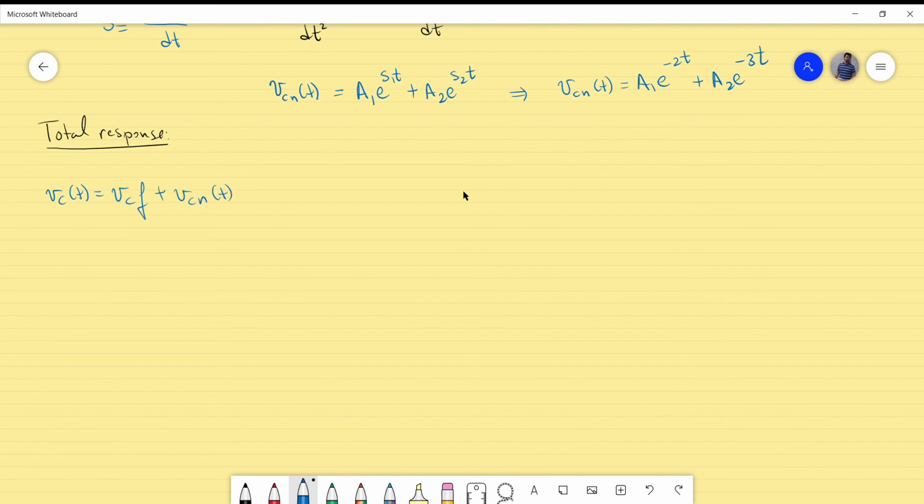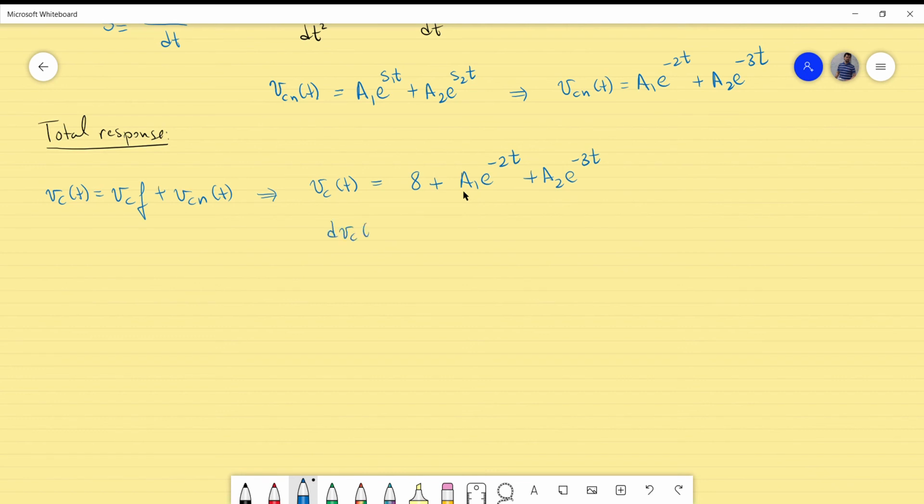The forced response is independent of time, so I leave it without t, and the natural response is of course dependent on time. So Vc is equal to 8, which I already calculated as the forced response, plus a1 times e to the power minus 2t plus a2 times e to the power minus 3t.